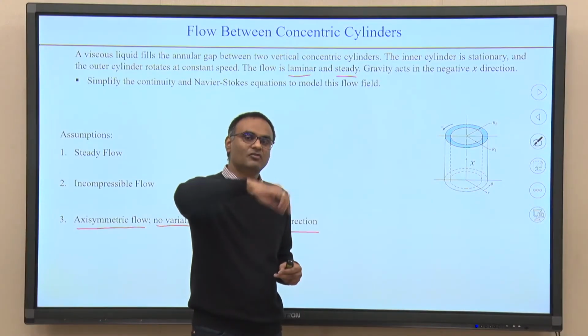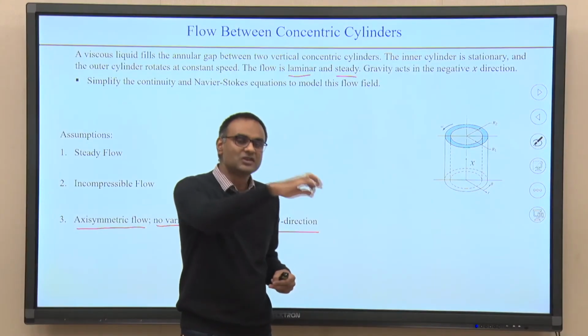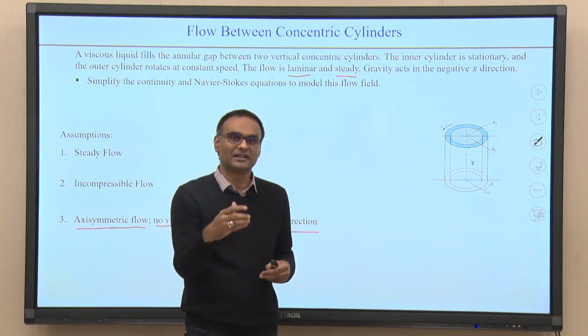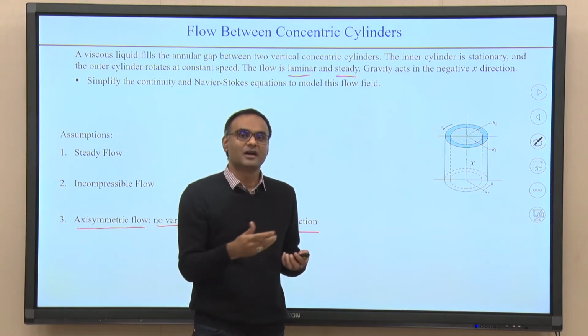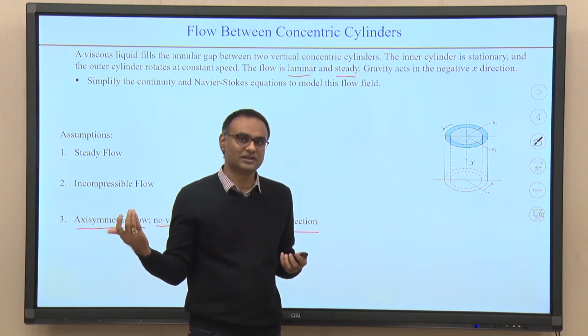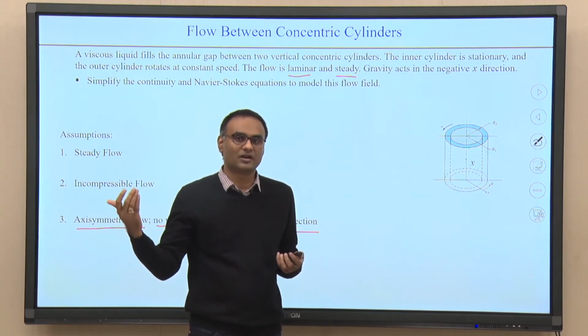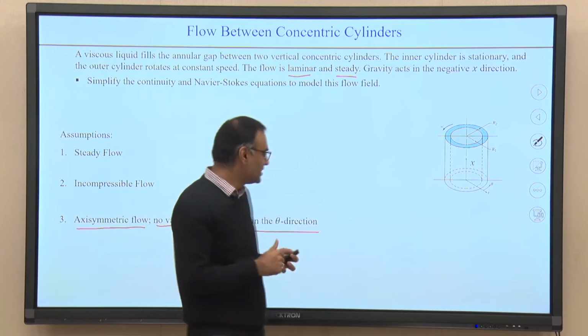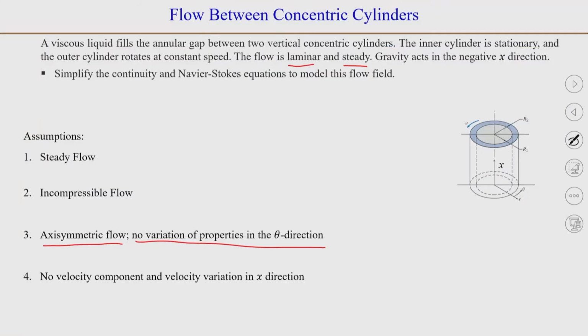So, v theta will be the same at every theta. That means del v theta over del theta will be 0, and the gradients of other velocity components along the theta direction, del over del theta, will be 0. And there are no velocity components and velocity variations in the x direction.